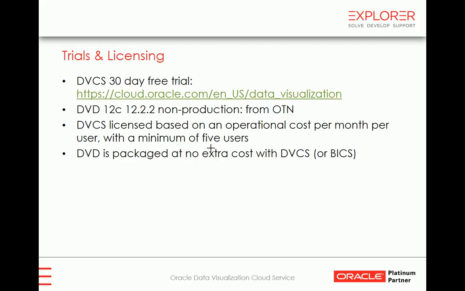Now, DVCS is licensed on an operational cost per month per user basis with a minimum of 5 users, and currently on Oracle's website that cost is advertised at £110 per named user per month, and DVD is packaged at no extra cost with each DVCS or BICS license. So there's a bit of detail there about licensing and trials.